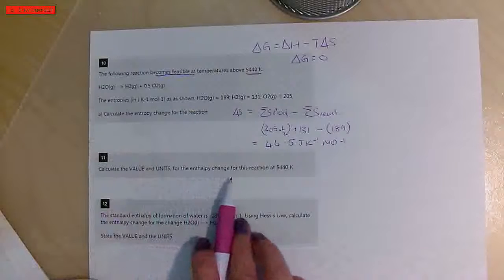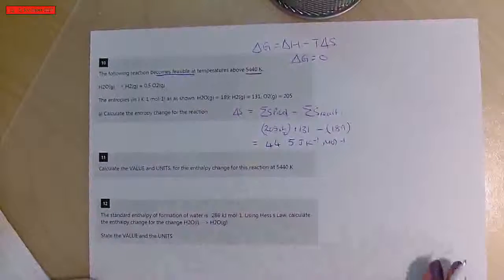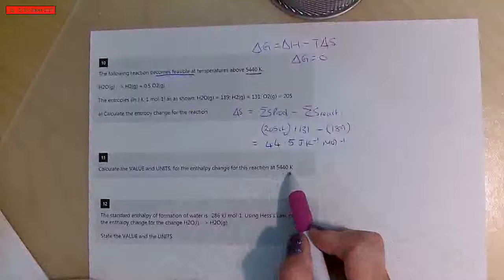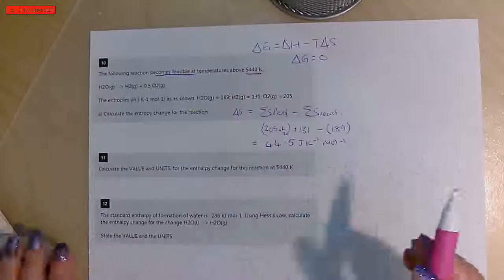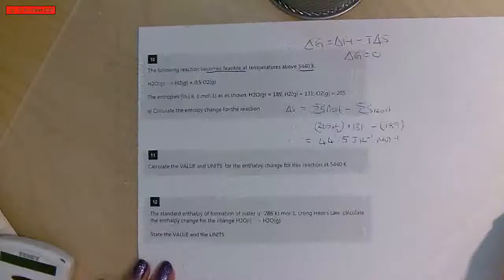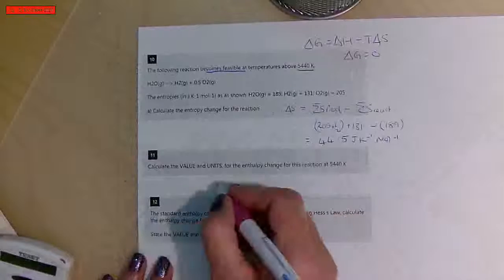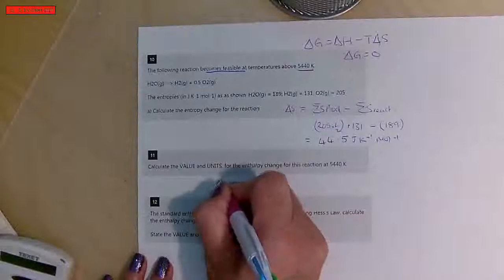Okay, calculate the value in units of the enthalpy change for this reaction at 5440. We know that this is feasible at that temperature, so delta G will be 0. We want the enthalpy.